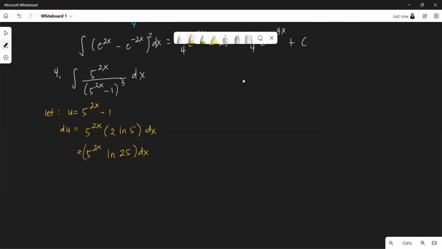So we need ln of 25. We need to multiply the function with ln of 25, so a neutralizing factor of 1 over ln of 25 is needed, the reciprocal of ln of 25.